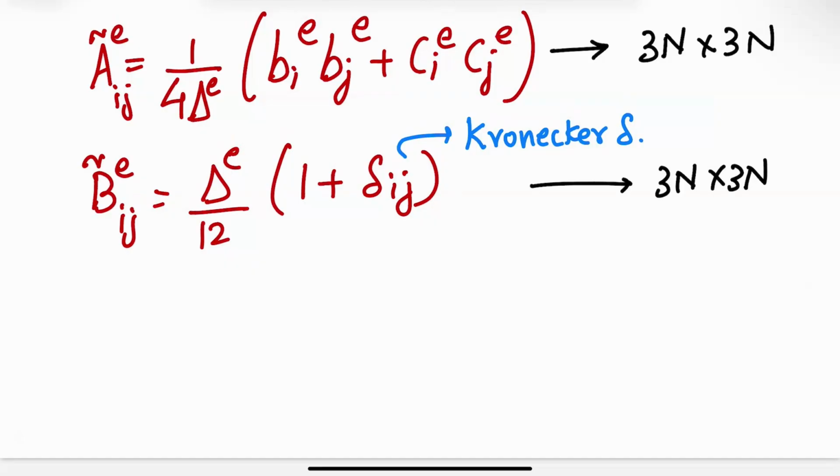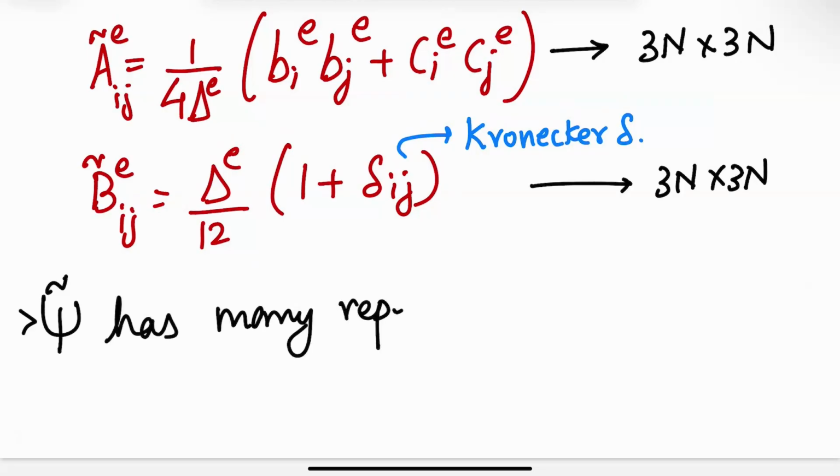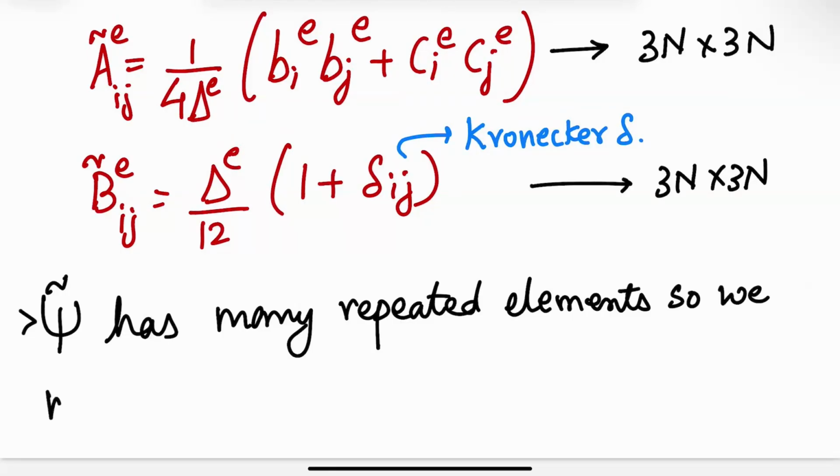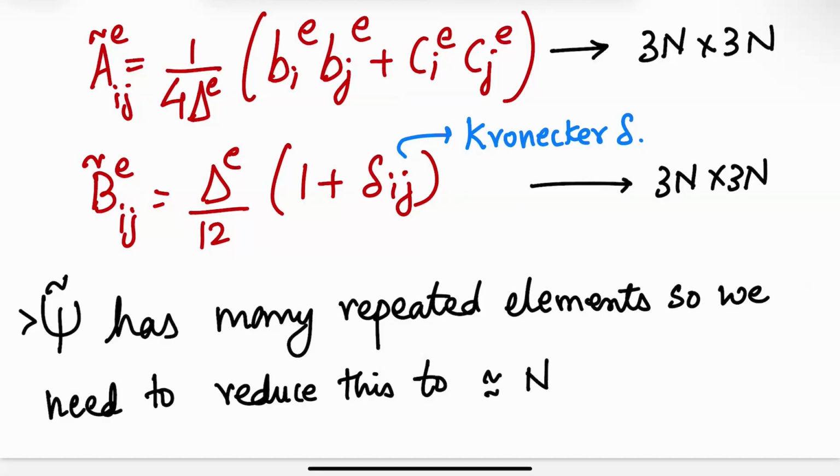But we still need to do one more step, which is that psi tilde, the way we have it now, once you solve this, has many repeated elements because of the nodes that are shared. So we need to reduce this to approximately an n by 1 vector.